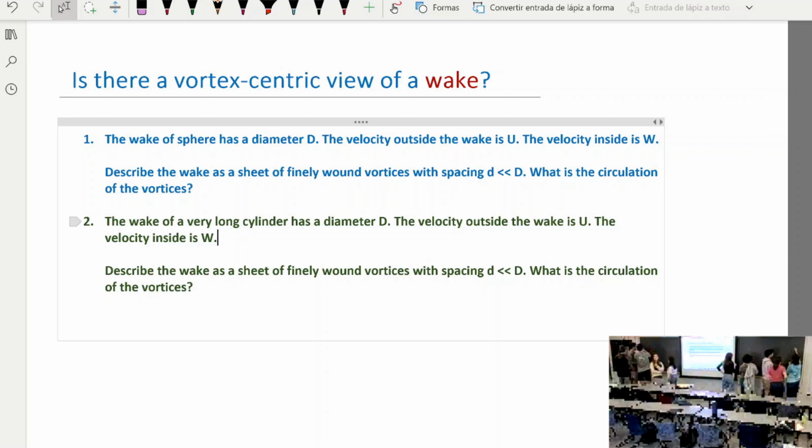Now the next question is for the cylinder, right? The numerics is not important, but try to imagine what the vortices look like for the cylinder case. You have to take into account this.